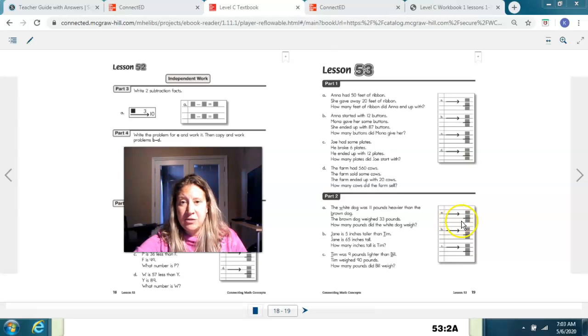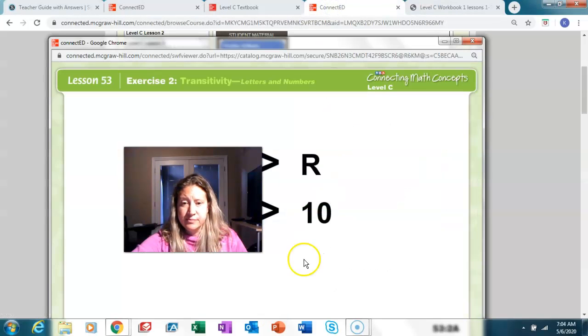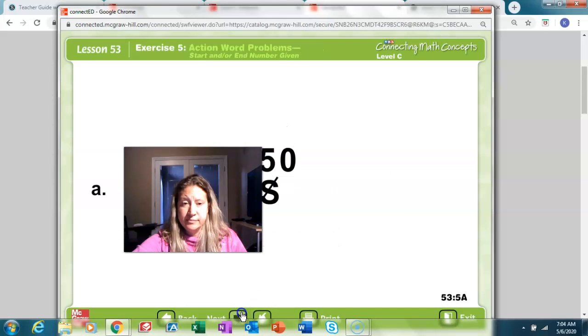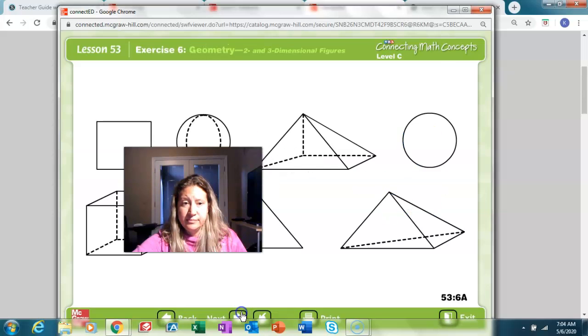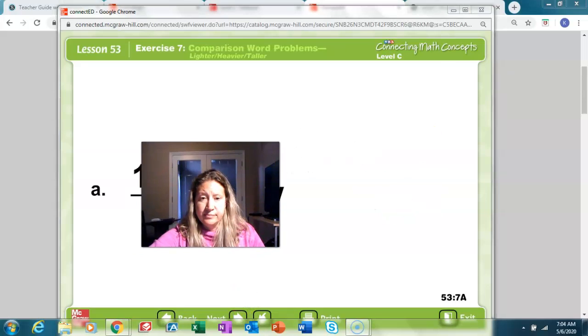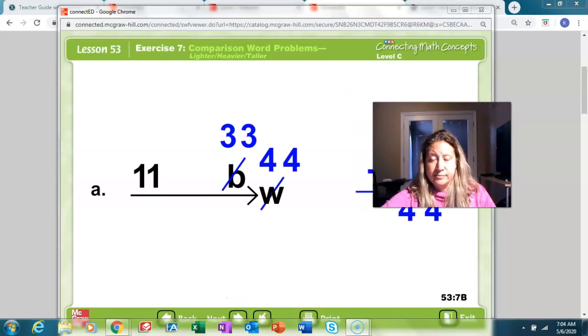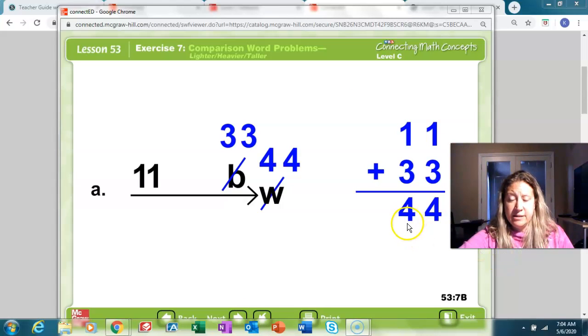And then write down your problem and work it. And did you guys get 44 for the white dog? Excellent. Good job. Now we'll look at the next problem.